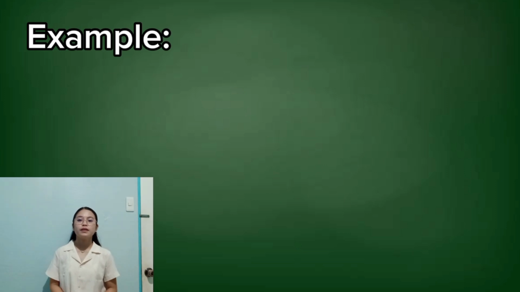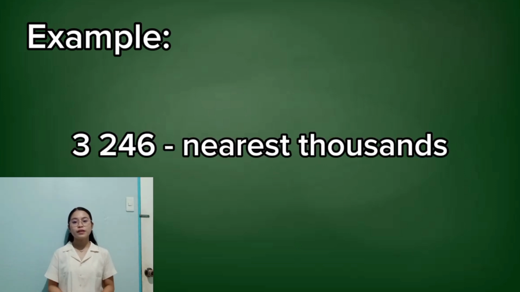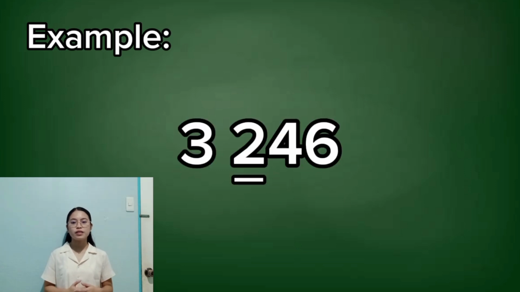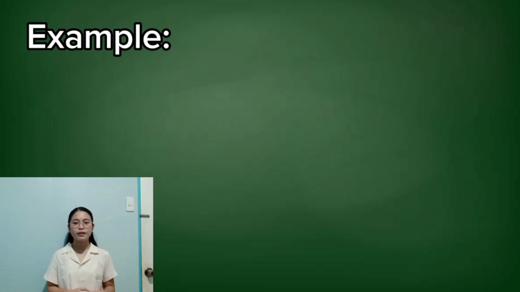Let's try another example. This time, let's round off 3,246 to the nearest thousand. Step 1. Look at the hundreds digit, which is 2. Since 2 is less than 5, we don't round up the thousands place.